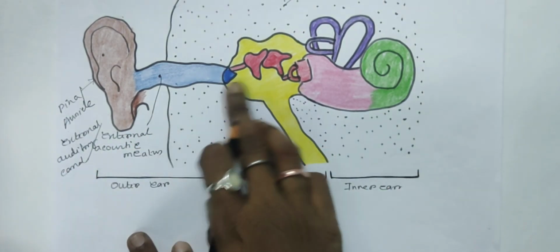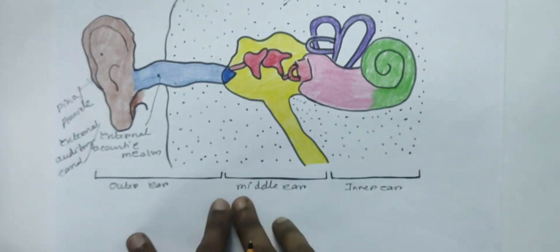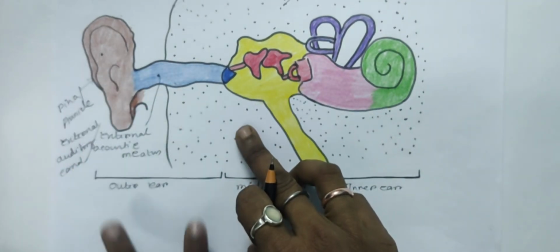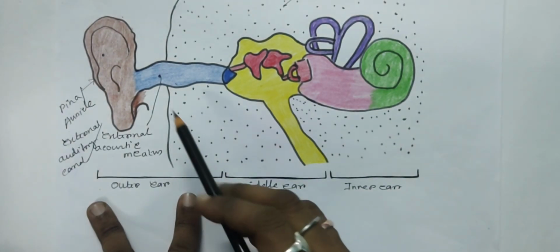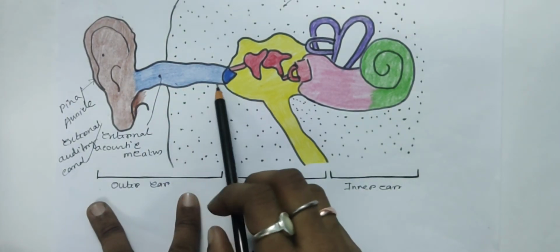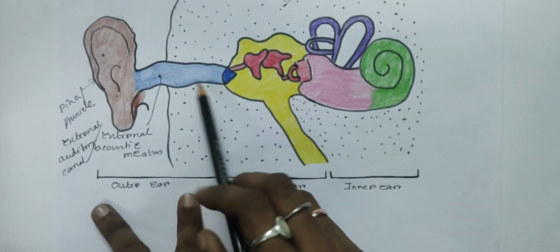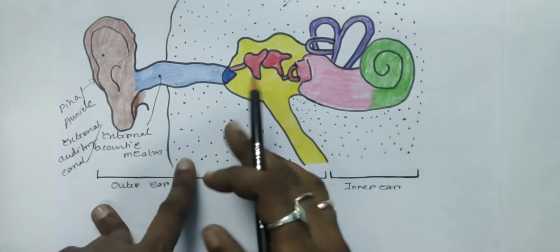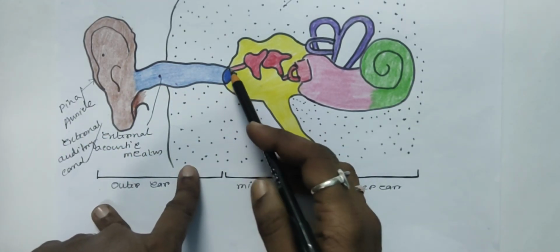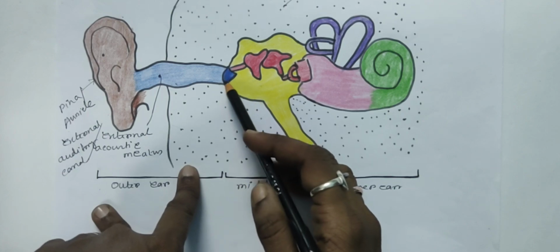Now come to the inner side, after the outer ear. The outer ear comprises the pinna or auricle and the external acoustic meatus, that means the external auditory canal. After the outer ear there is a membrane called the tympanic membrane.